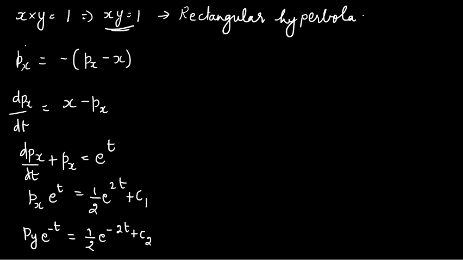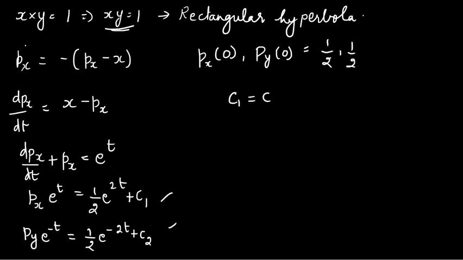So now we are going to use the initial conditions, which are given as px of 0 and py of 0 are 1 by 2 and 1 by 2. Right? These are the initial conditions. So when you use these initial conditions on these two equations, we get C1 and C2 to be 0.